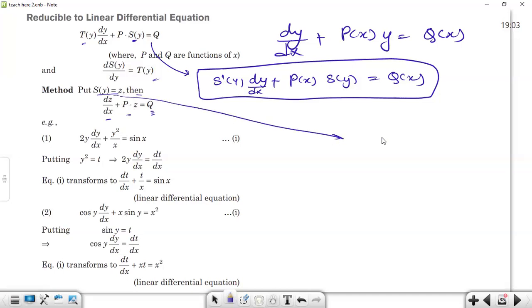If f of y equals z, then differentiating on both sides with respect to y, this will become f dash of y equals dz over dy.